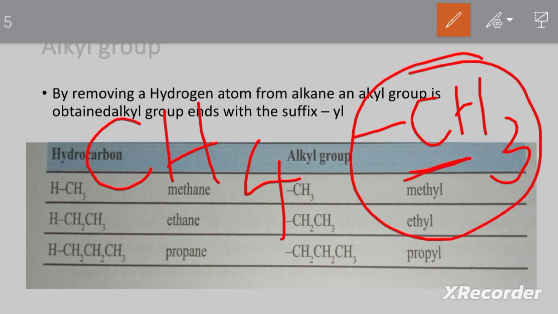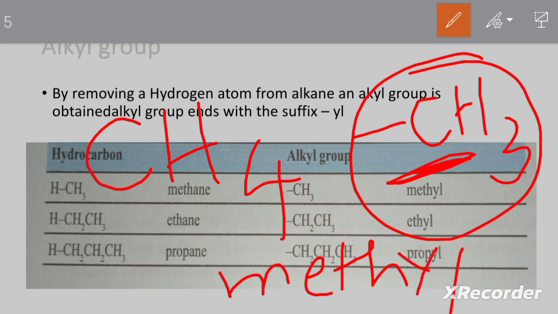There is only one carbon atom in this alkyl group, so I can write methyl. For one carbon atom, we use the stem name meth. So yl is used as a suffix for an alkyl group. So this is methyl. Likewise, by removing a hydrogen atom from an alkane, an alkyl group is obtained.